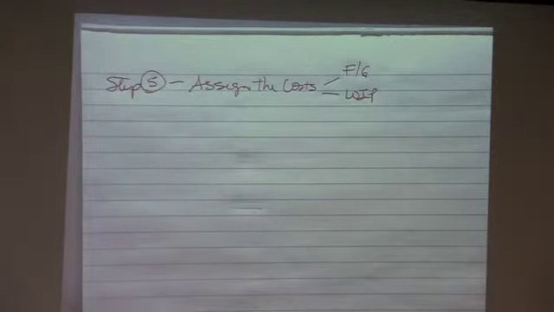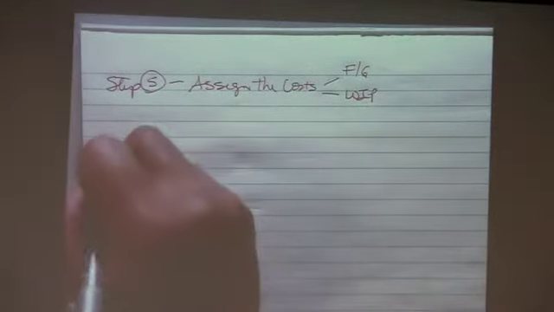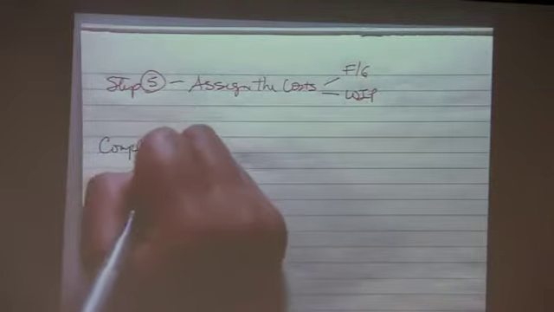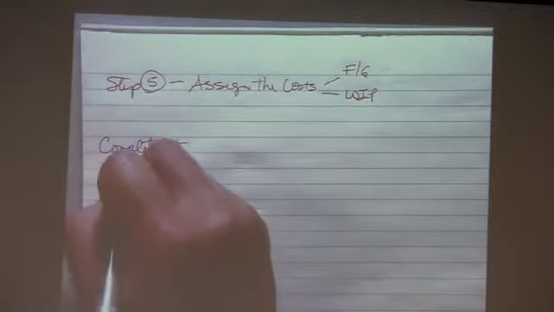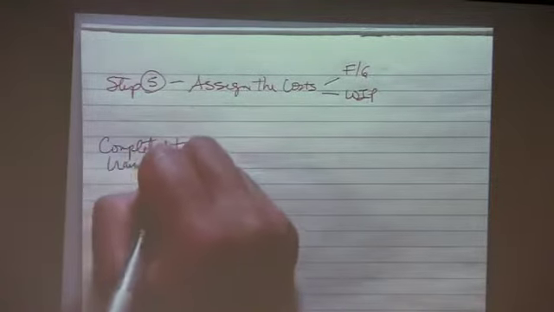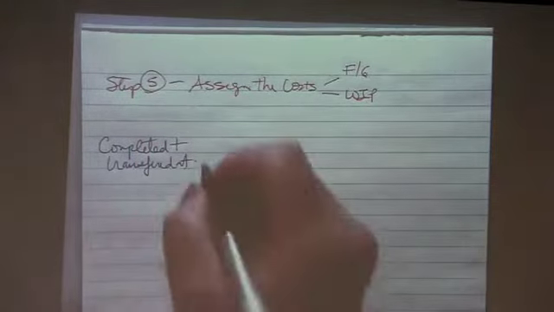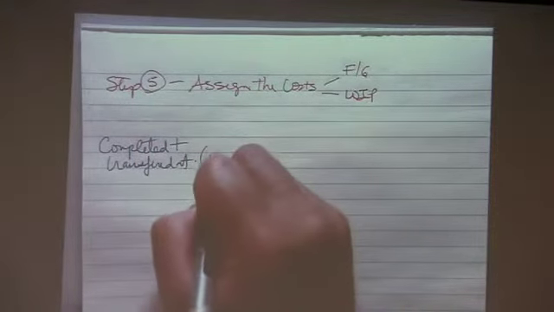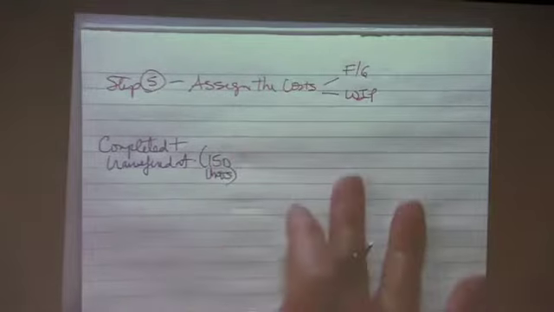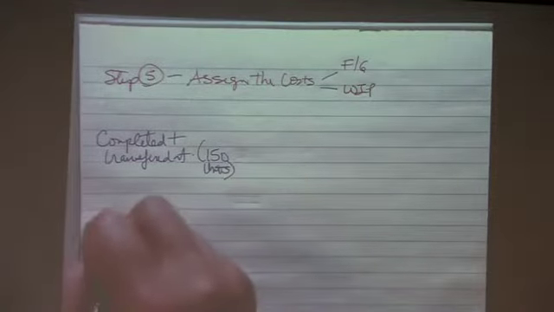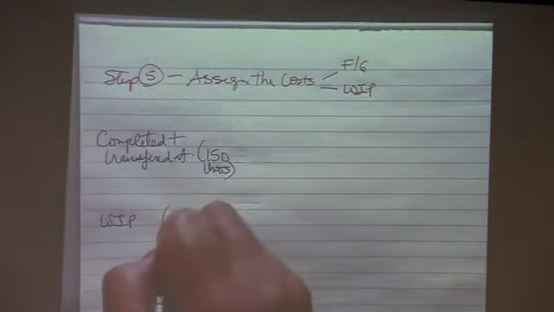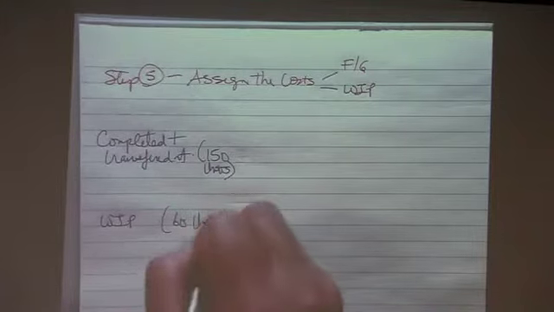So, how much was completed and transferred out? We know it was 150 units, right? And how much is sitting in work in progress? 60 units. Okay?